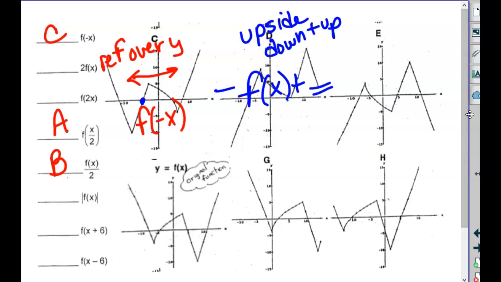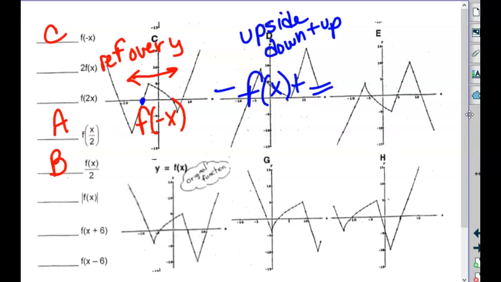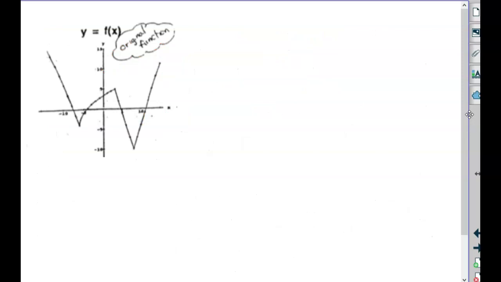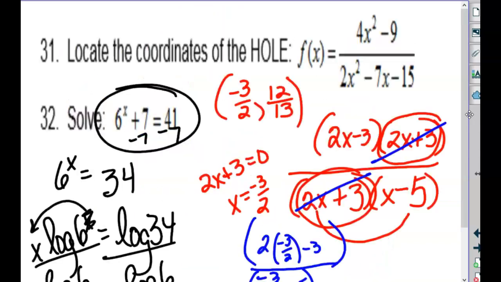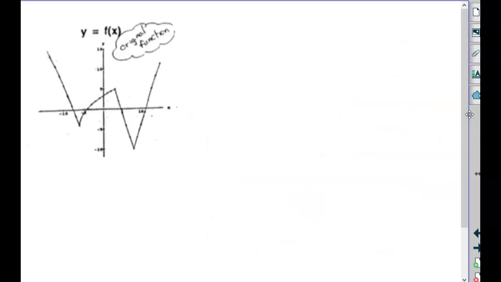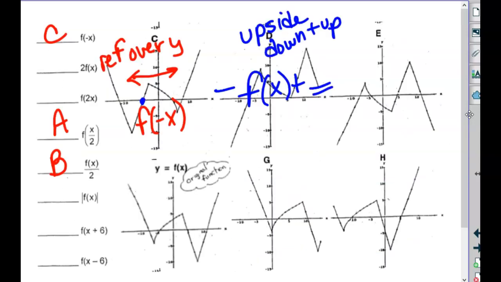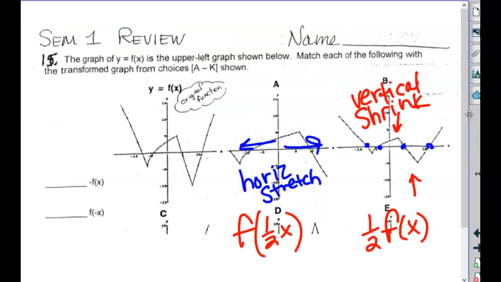What are my choices here? It's definitely upside down. Right, so maybe it is just upside down, that one. So that would be back here at this one.